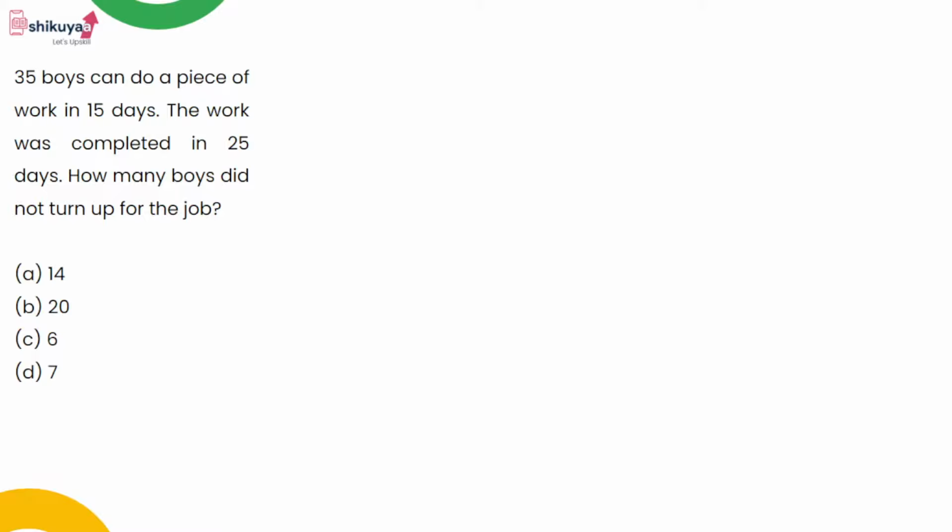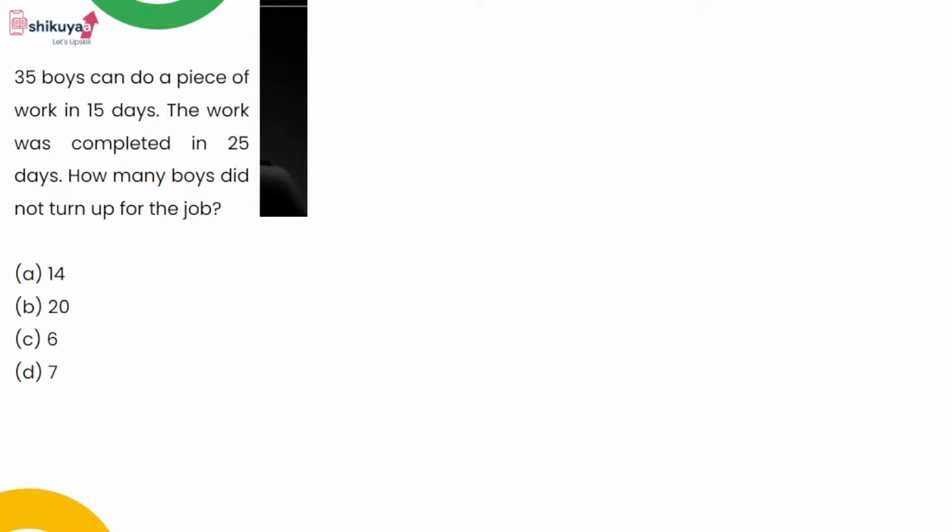Now here it is 25 days. So how many boys were working? Just cross multiply this on 25. 5 sevens are 35, 5 threes are 15, so 7 threes are 21.